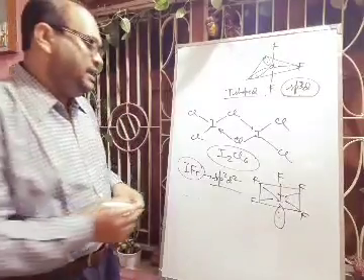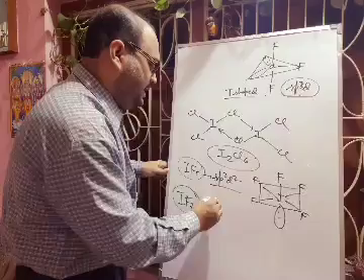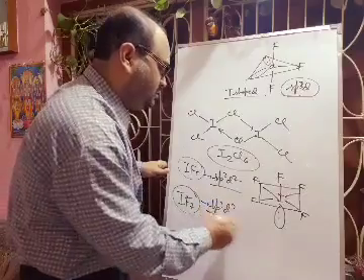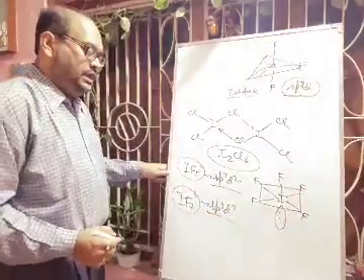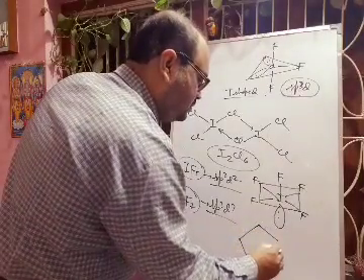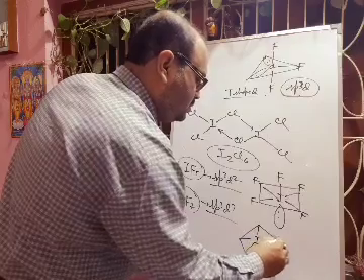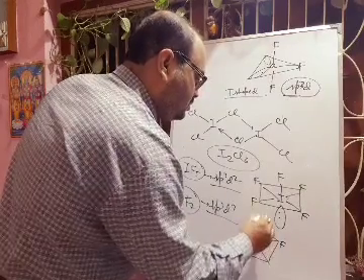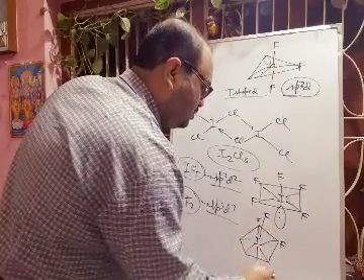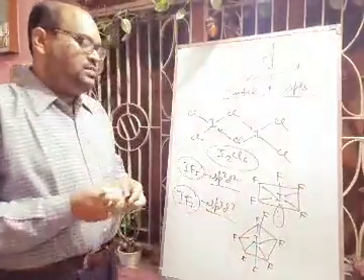Next we will go to IF7. IF7 hybridization will be sp3d3, and its shape will be pentagonal bipyramidal. So this is pentagonal bipyramidal.